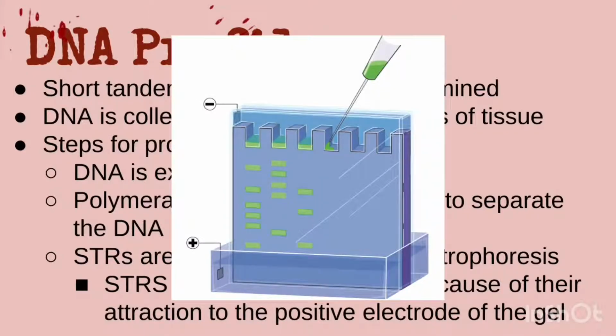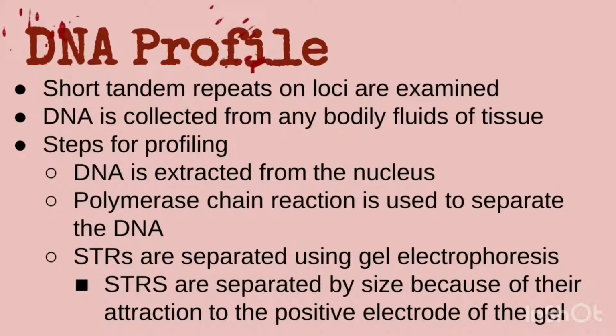The short tandem repeats are then separated using gel electrophoresis, which is a method used to separate the short tandem repeats by pushing them through an electrical field with a positive and negative electrode. Since DNA is negatively charged, they get attracted to the positive end of the gel, separating the short tandem repeats by size. This process results in creating a profile that may look something like this.